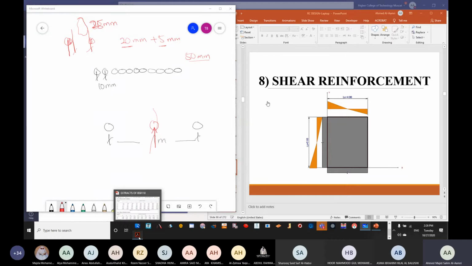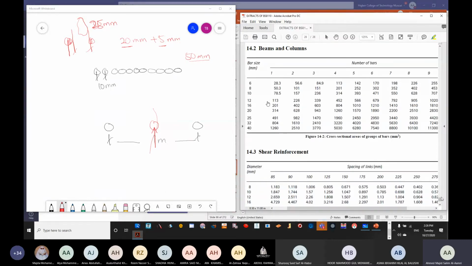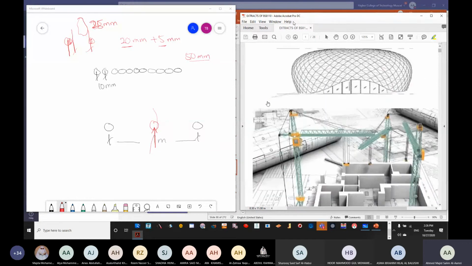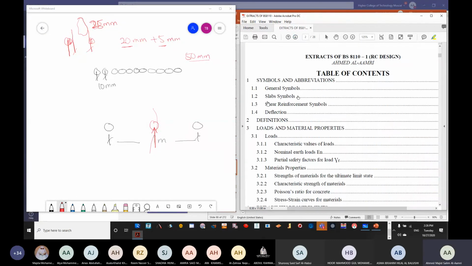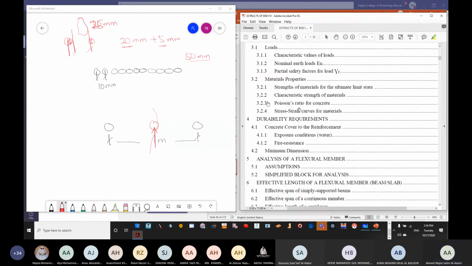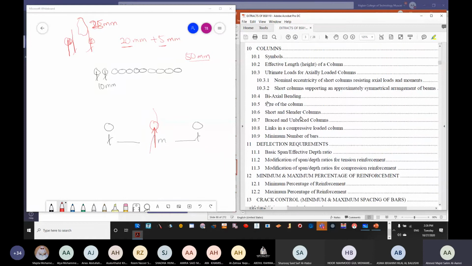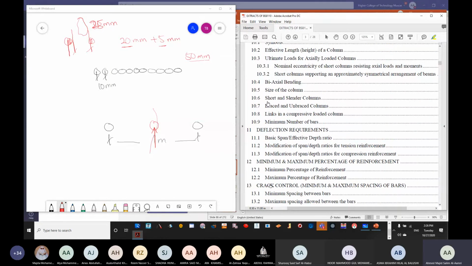Now, where did that come from? Once again, if you go to your extracts, it's something that you have studied in the code in your design one as well. If we go to the table of contents, we search for minimum crack control.